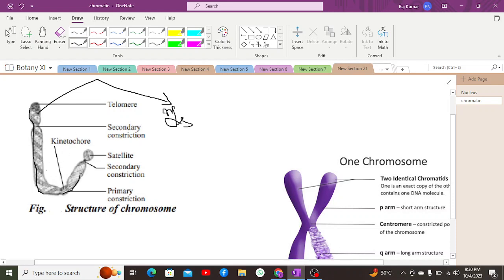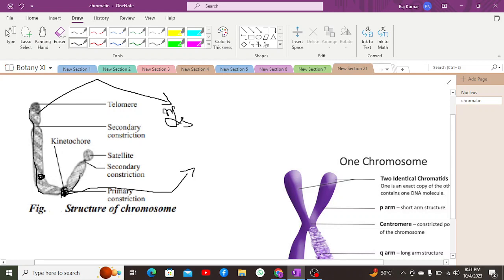Secondly, the chromosome consists of three parts: the centromere, chromosomal arms, and chromatids. The part which starts from the center of the chromosome to the terminal end is known as the chromosomal arm, and the chromosomal arms are connected with each other at a central part which is known as the centromere, also known as the primary constriction.